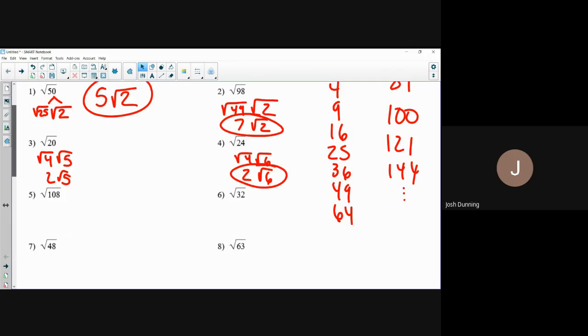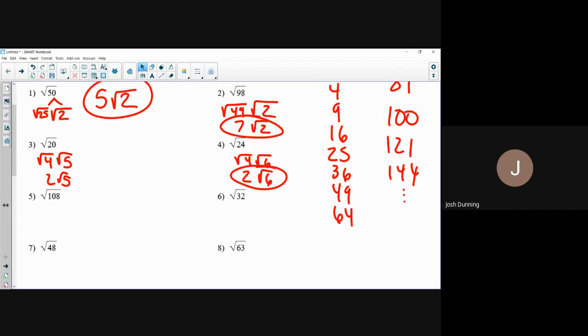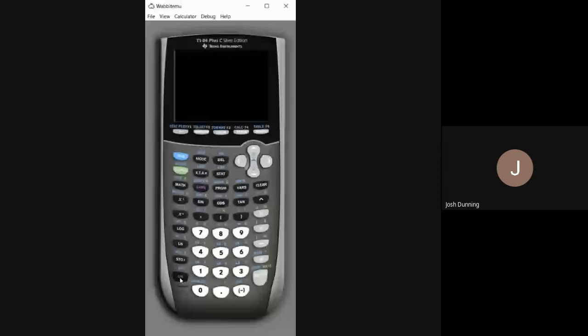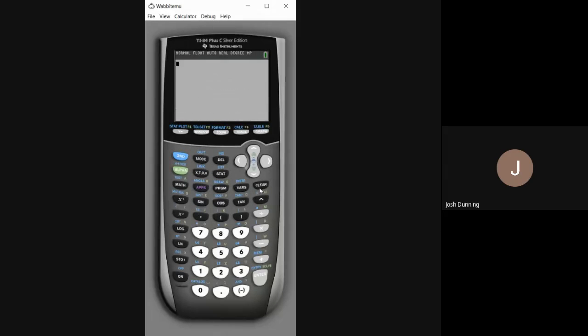Now on 5 here, 5 has 108. When you start going through, I'm going to switch to my calculator here. Now we're looking for numbers that'll multiply to 108, and it has to be on that list.